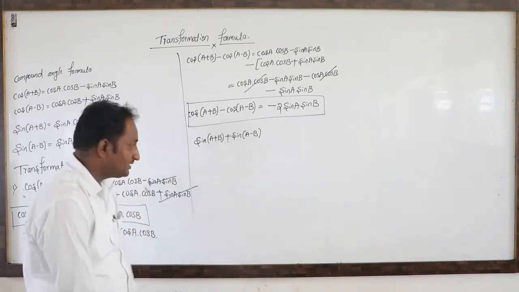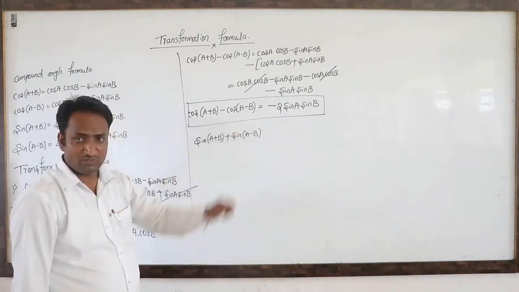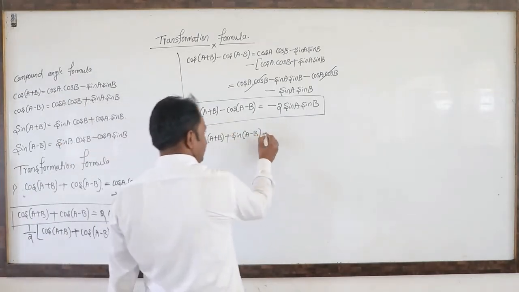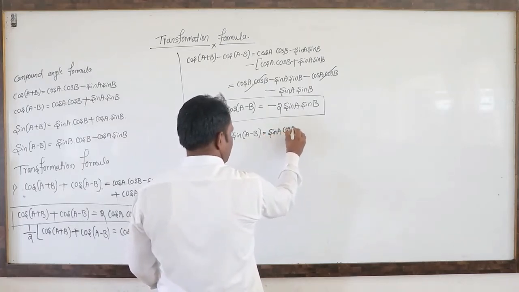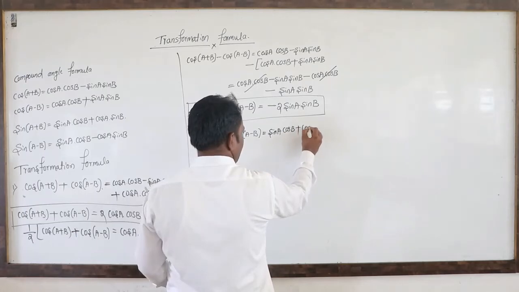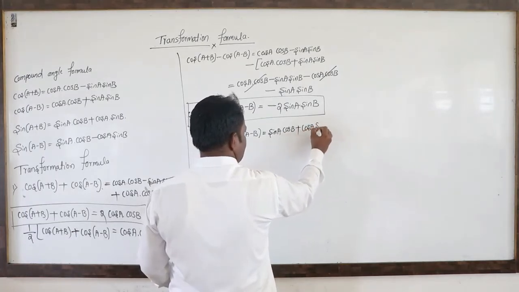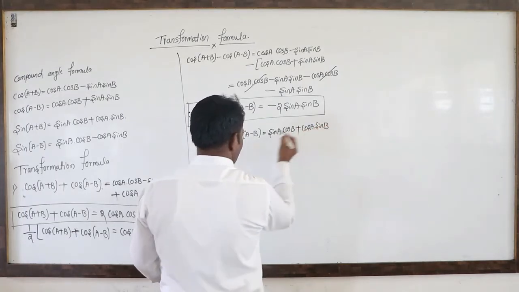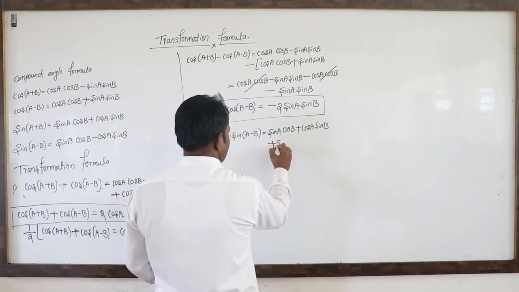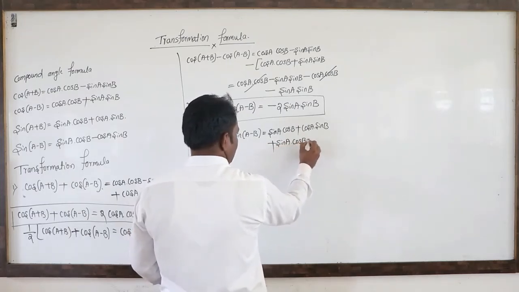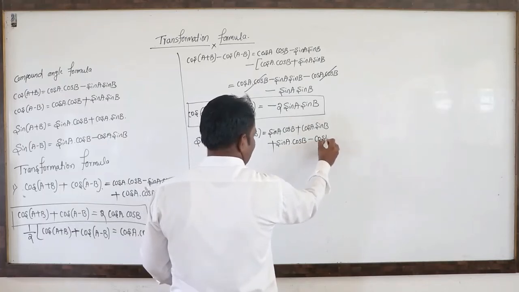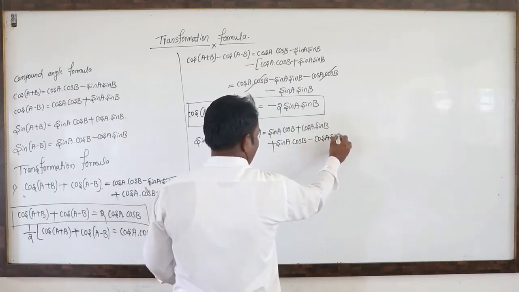Sine of a plus b plus sine of a minus b is equal to sine a cos b plus cos a sine b plus sine a cos b minus cos a sine b.